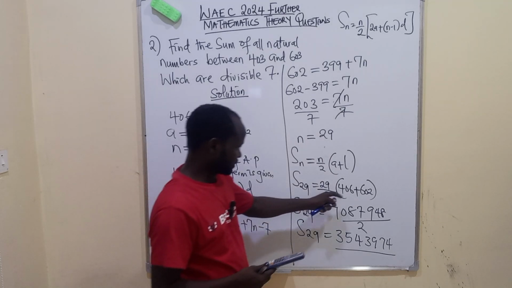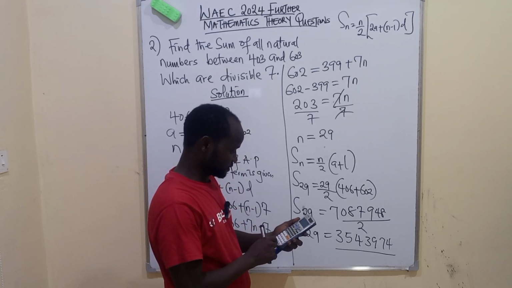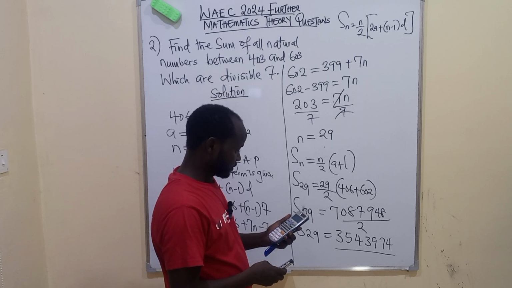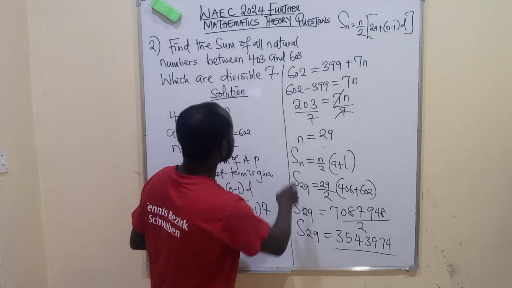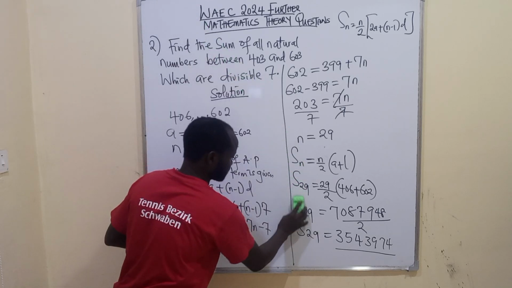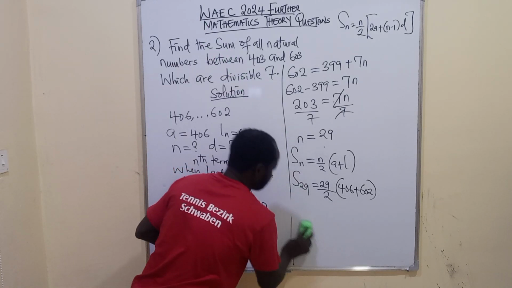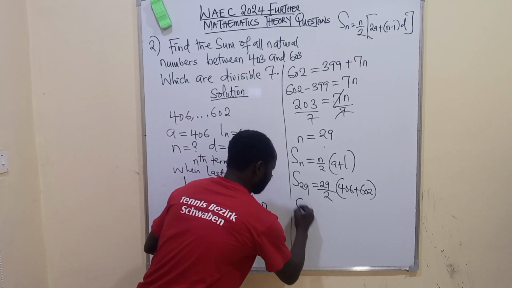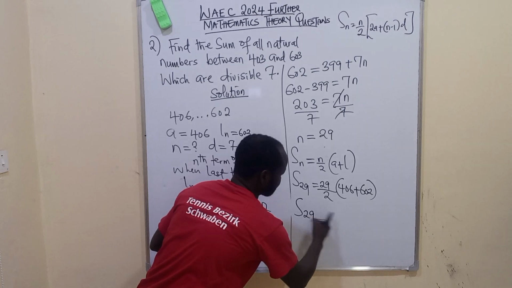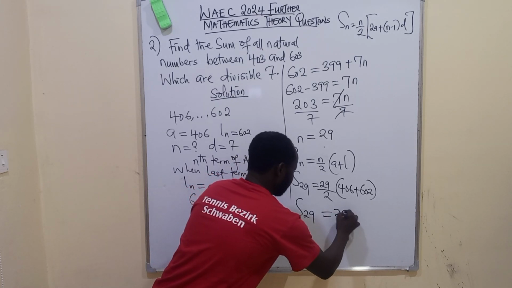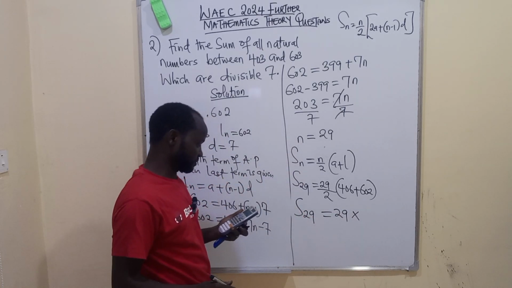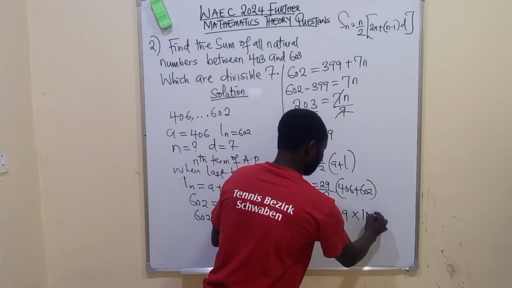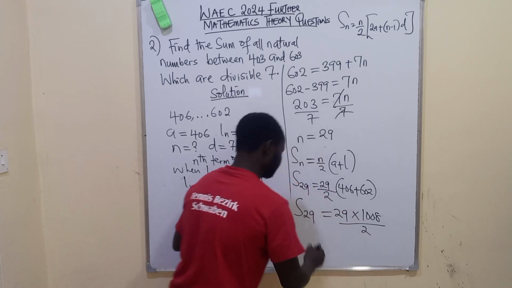Let's still cross check and see. Let's add 406 plus 602. That's 1008. I think we need to cross check this from here. Let me still redo it mathematically. Let me do it step by step. 406 plus 602 will be 1008, divided by 2.